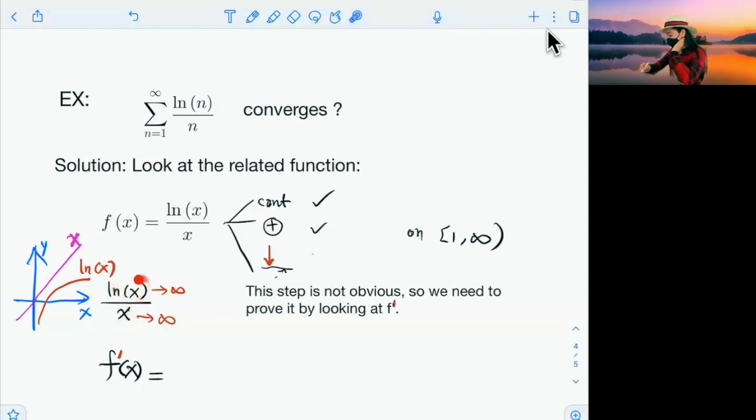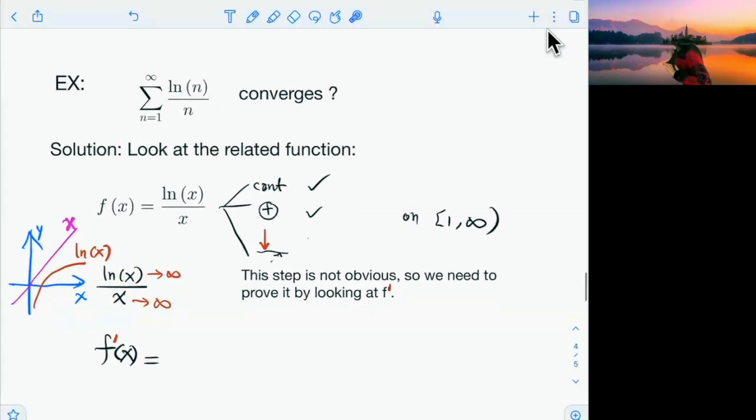This stuff here is not obvious, but you can give some reasoning. If you say x goes to infinity much faster than ln of x, I will be satisfied if you do it in the exam.